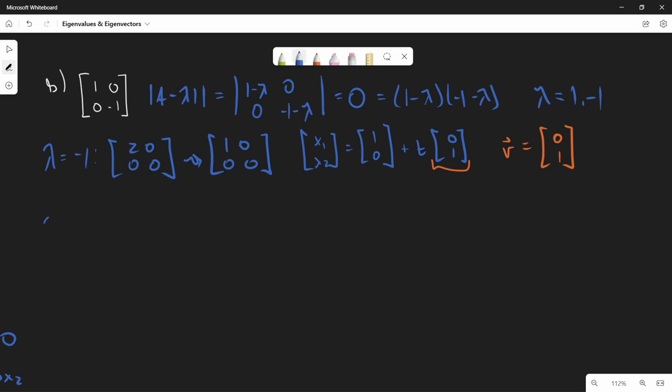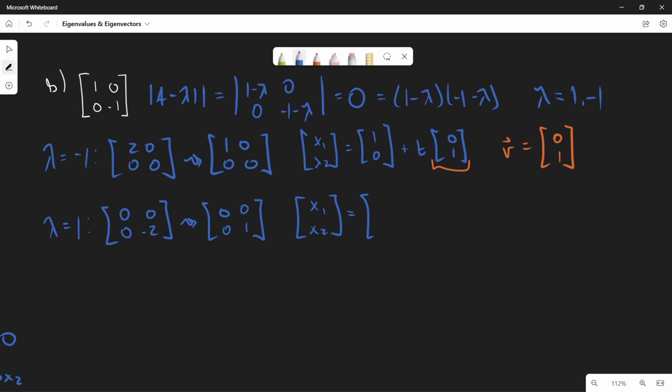So now we're going to do the same thing for the other eigenvalue. When we put in the eigenvalue equal to 1, we will get 0, 0, 0, negative 2. Row reduced echelon form, we get 0, 1. Technically, we can put it like this. And so our solution will give us a nullity, or dimension of the nullity, equal to 1.